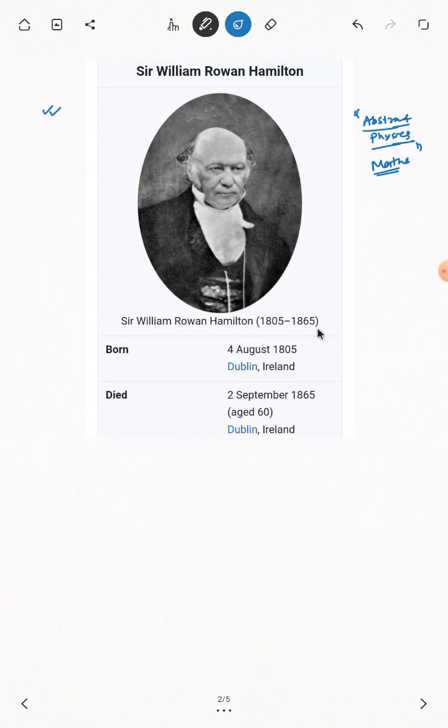He was a 19th century mathematician, but all his works are still valid even in field theory given by Albert Einstein himself. In field theory also, the contribution of William Hamilton is tremendous.